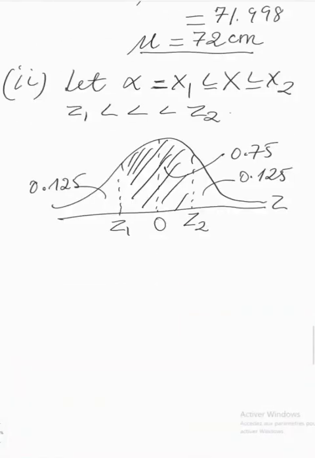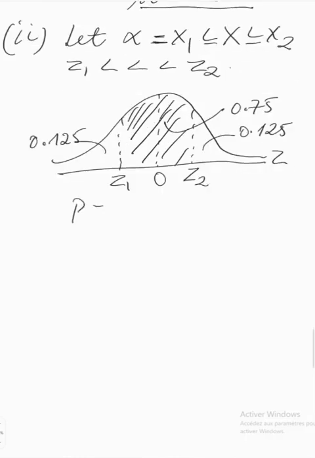We have to note that z1 and z2 lie at equal distances from 0, which is the line of symmetry. So while z2 is positive, z1 is the same value in magnitude but negative. So it suffices to get just one of the values, and it is easy to get z2 by considering the area to the left of it. P of Z lying to the left of z2 would correspond to the area 0.125 plus the shaded area, which is 0.75.